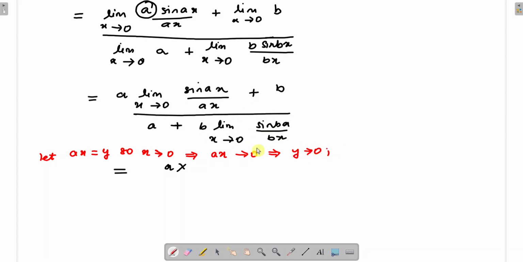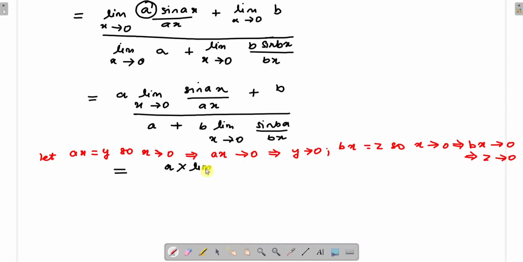Similarly, for the limit in the denominator, we can call bx as z. As x tends to 0, bx will tend to 0, and that will imply z will tend to 0.